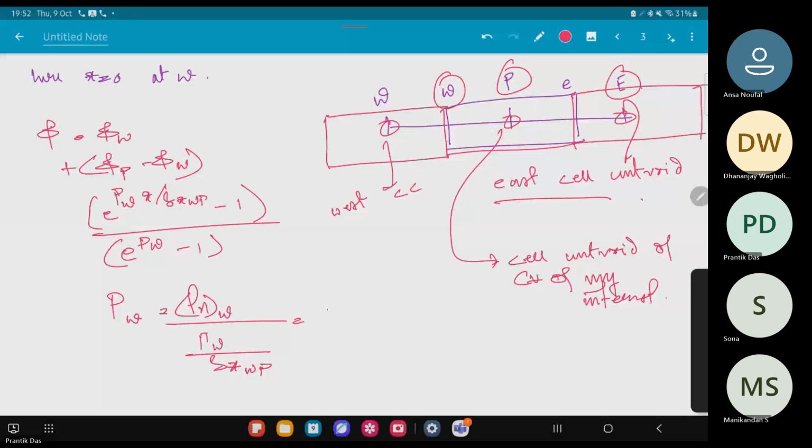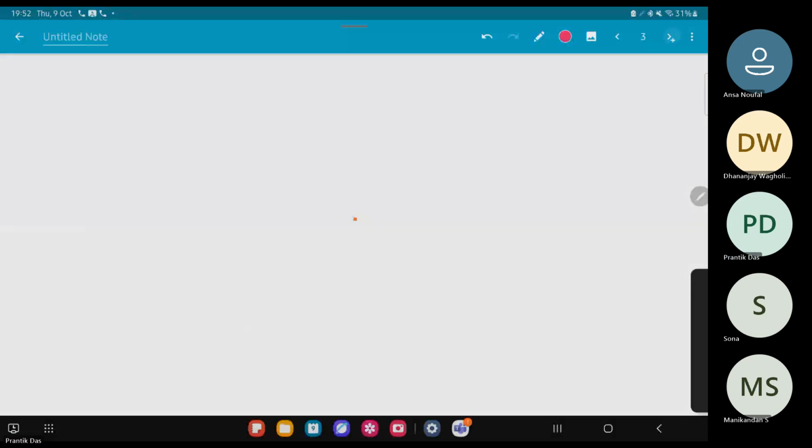Now let us go to the governing equation. I have written how the variable can be expressed, similar to the analytical solution. So the governing equation is what?